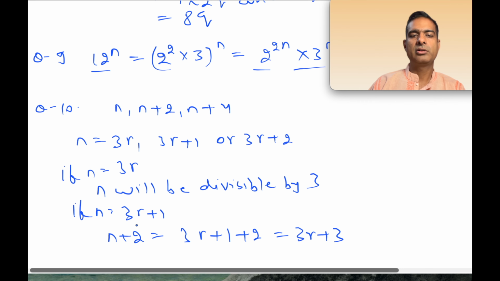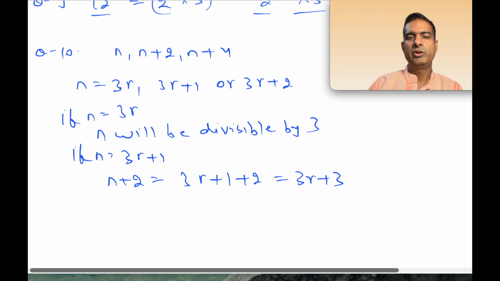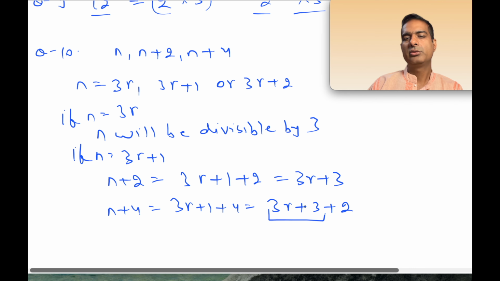So if n is equal to 3r plus 1, meaning when n is divided by 3 it leaves remainder 1, then n plus 2 will become divisible by 3, and only this will be divisible by 3. n will obviously not be divisible by 3 because it is leaving remainder 1, and n plus 4 will become 3r plus 1 plus 4, so that will be 3r plus 3 plus 2. So the first two are multiples of 3, so on dividing n plus 4 by 3, we will get a remainder 2.